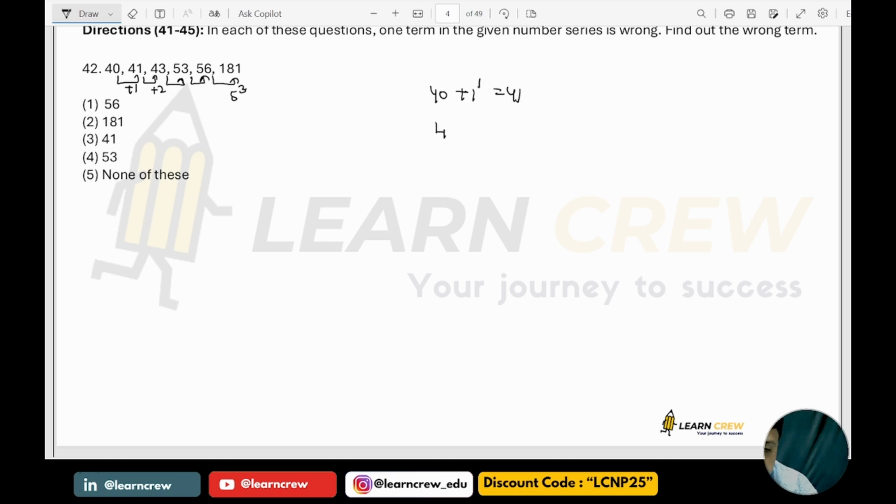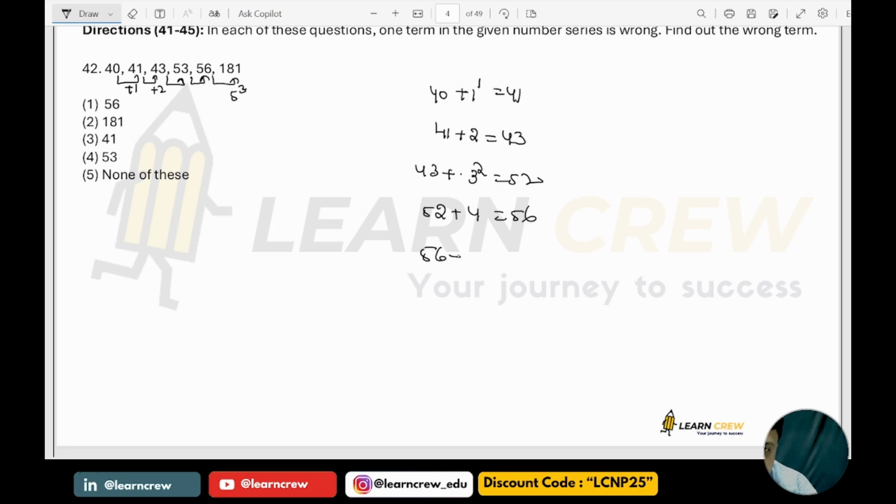Then 41 plus 2 is 43. 43 plus 3 square is 52. Now 52 plus 4 is 56.